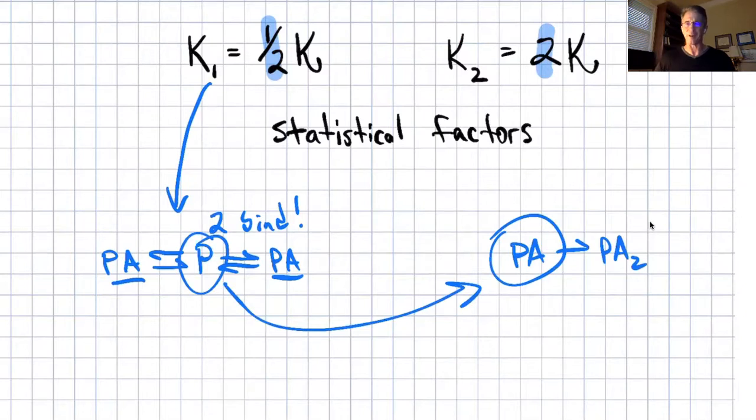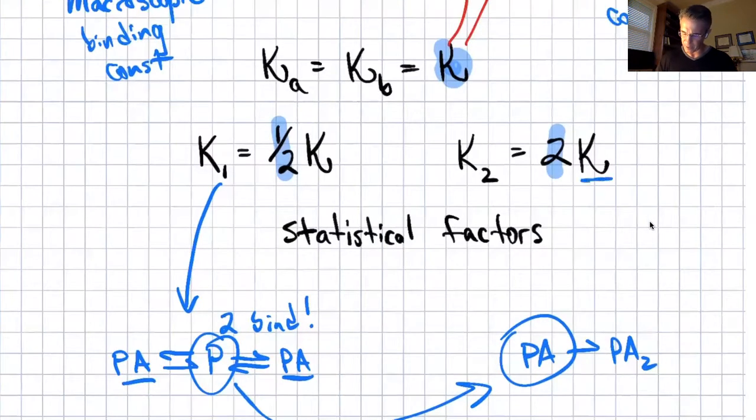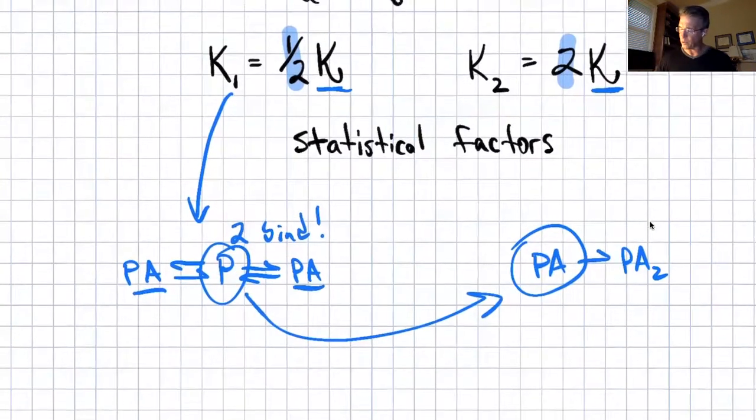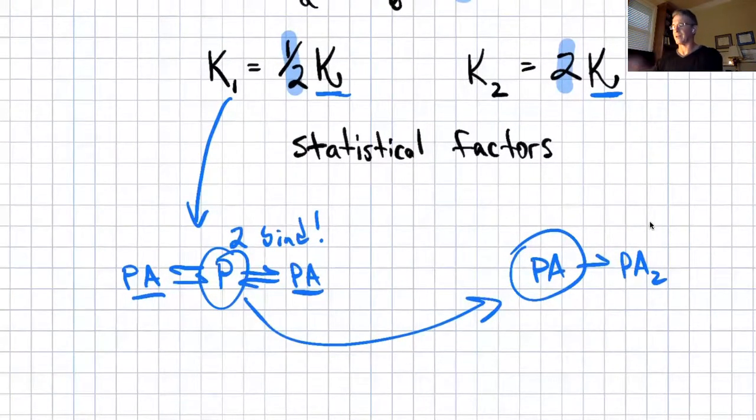And the linkage here through these microscopic affinities is simply a statistical consequence of the number of binding sites and how they've been occupied. Okay, so that is the linkage between these two different views.